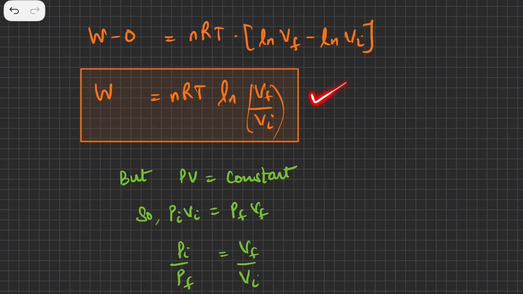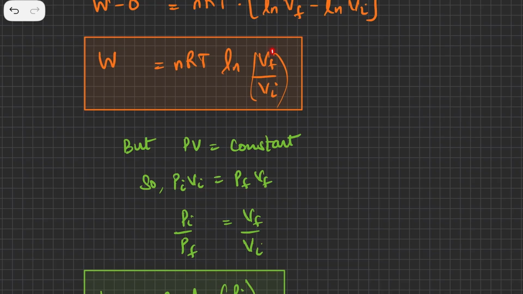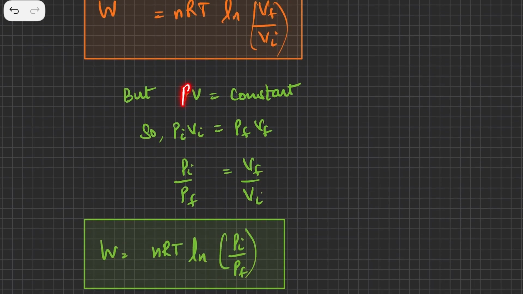Now this is a valid equation. This is what we have been using most of the time, but in case we have the values of pressure and not of volume, then how do we do it? We'll just use PV is equal to nRT. So PI VI is equal to PF VF.